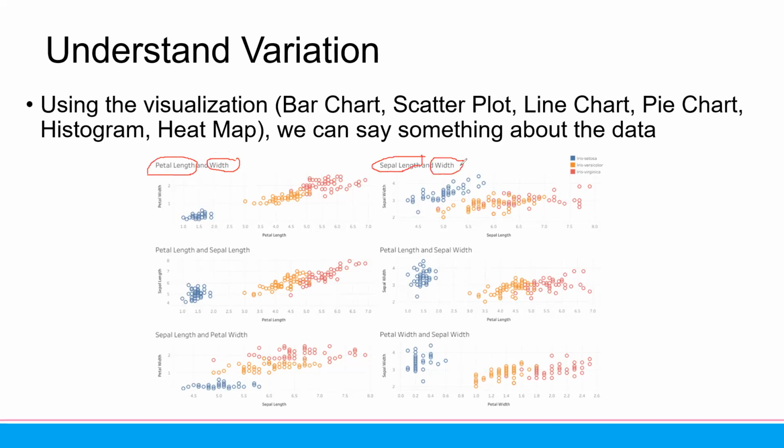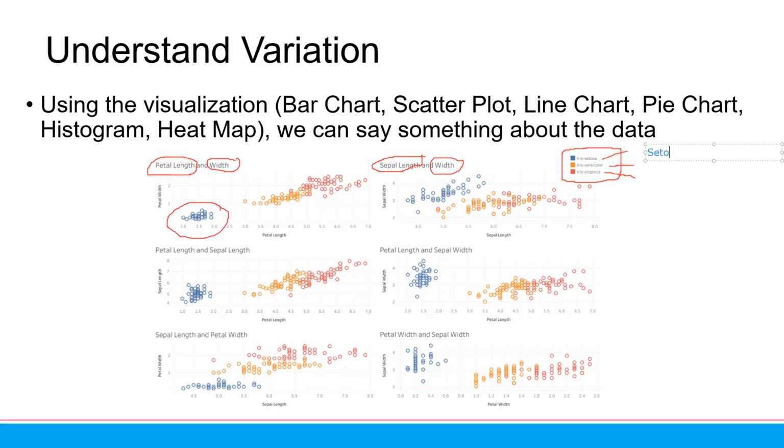And we can see three kinds of flowers: iris setosa, iris versicolor, and iris virginica.